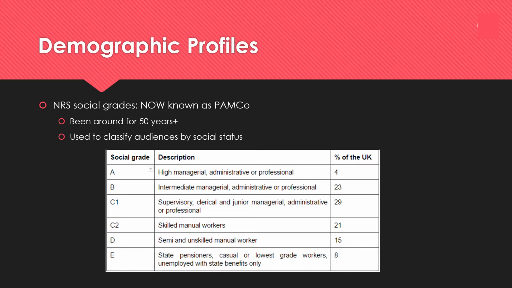When you look at the bottom, only 8% fall under the category of being unemployed, of being state pensioners, or casual workers, somebody who works for maybe minimum wage on not the most regular hours. So something that falls into C2DE social category at a high percentage, you're looking at products that are more aimed towards people with less education and a lot less money.